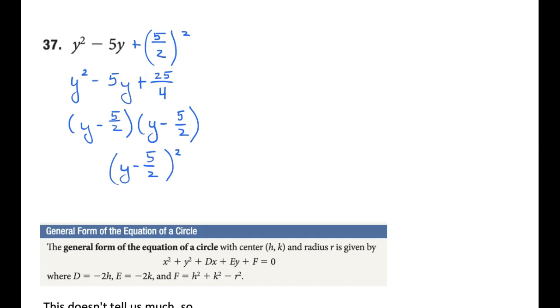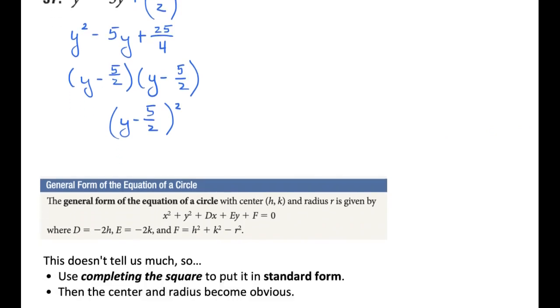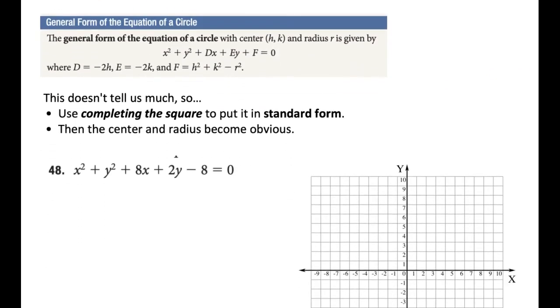Okay. So next we're going to talk about using this skill to play around with the general form of the equation of a circle. So the general form is a little bit messy. It is this part right here. So if the center is (h, k) and the radius is r, this is the information that you need. D in this equation is going to be negative 2h, E is going to be negative 2k, and F is going to be this thing you see down here.